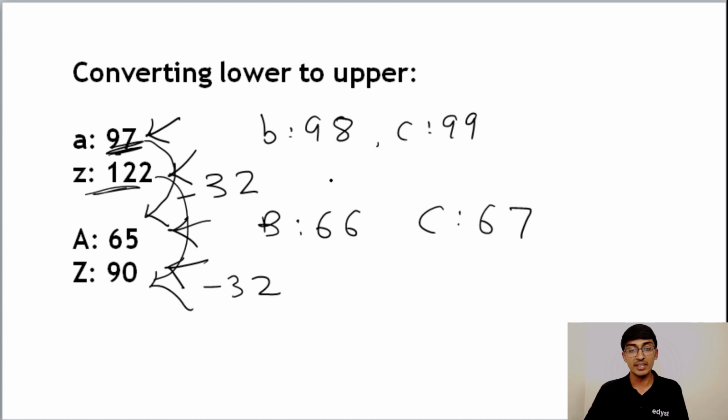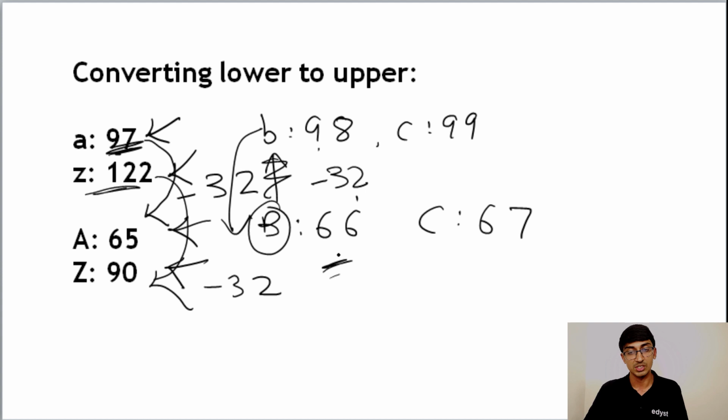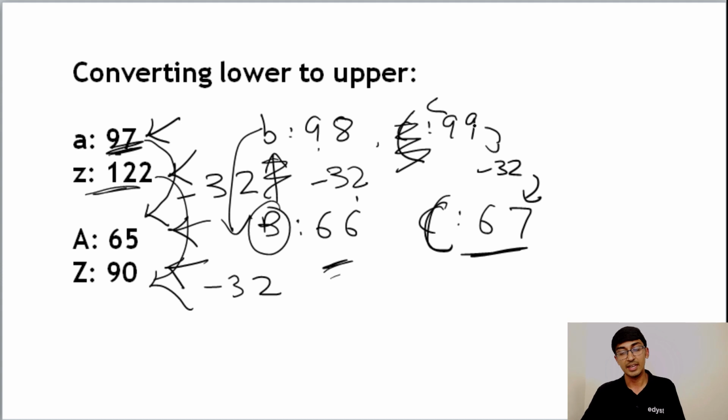So if you wanted to convert small b into capital B, you just have to subtract: 98 minus 32, you would get 66, or 99 minus 32, you are going to get 67. So this is the small c and this is the capital C. Anytime you want to convert your lowercase character to an uppercase, just subtract 32 and you'll get this.